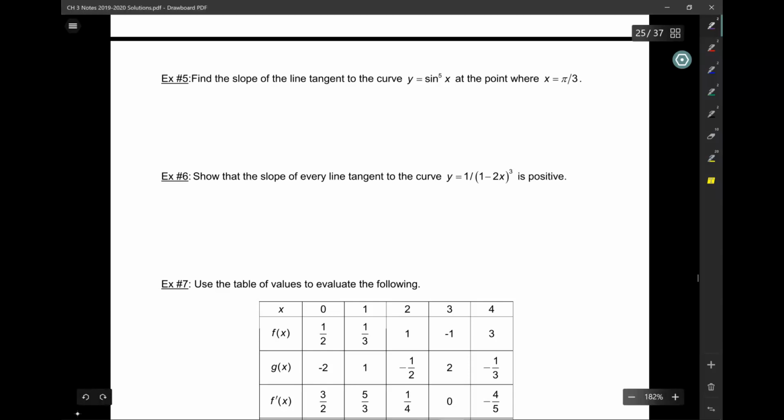However, when I rewrite this as sine of x to the power of 5, we can recognize more quickly that that's a chain rule problem. Because what's the outer function? The exponent of 5, and the inner function is sine x.